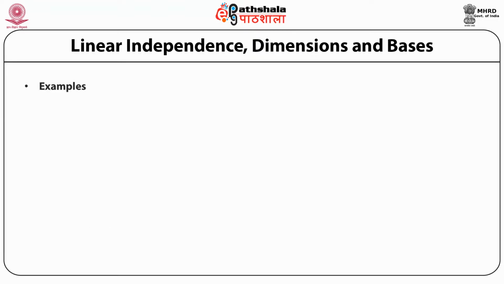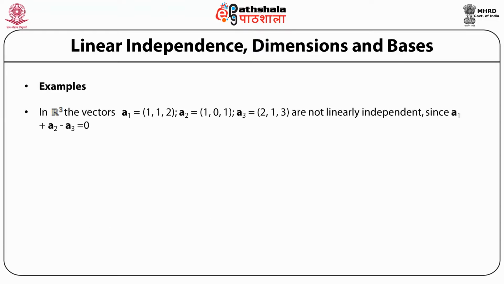Let us take up some examples. First, in R cube, the vectors a1 equals (1, 1, 2), a2 equals (1, 0, 1), a3 equals (2, 1, 3) are not linearly independent, since a1 plus a2 minus a3 is equal to 0.